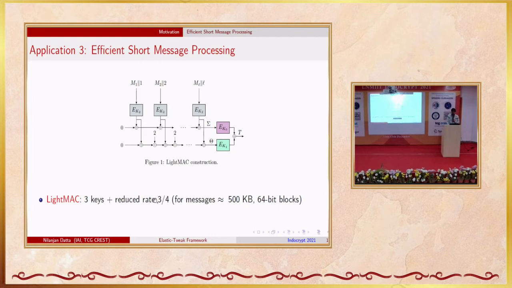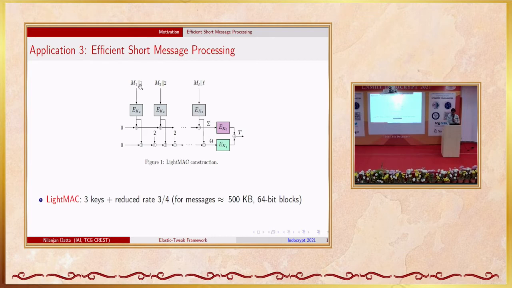So again, what is the rate? Rate is basically the number of bits you process per primitive call. So if you use a 64-bit block cipher and say you want to process a message up to 500 KB, if you plug it into bits, it will be something like 2 power 22 bits, and with a 64-bit block, roughly 2 power 16 blocks.